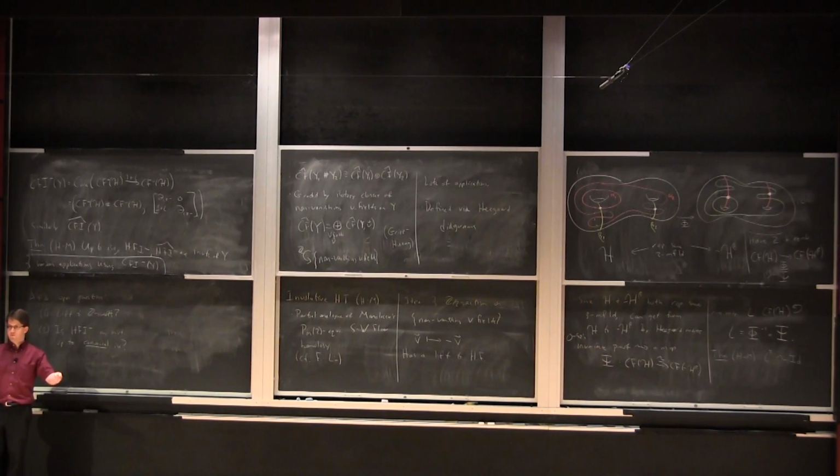If I choose those moves differently, do I get different isomorphisms on HFI minus? For HF minus, you don't. It's a well-defined canonical isomorphism. For this it is not known. That's something you would need to have well-defined maps associated with cobordisms, because that just means you have a well-defined map for the identity cobordism. If you don't have that, it's kind of hard to have a well-defined map for any cobordism.